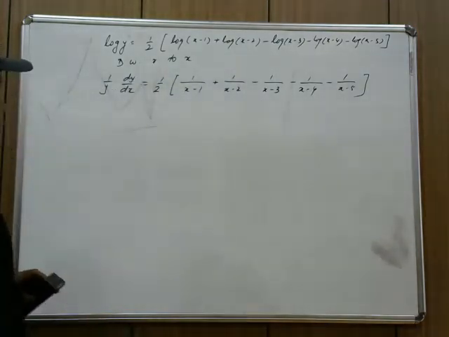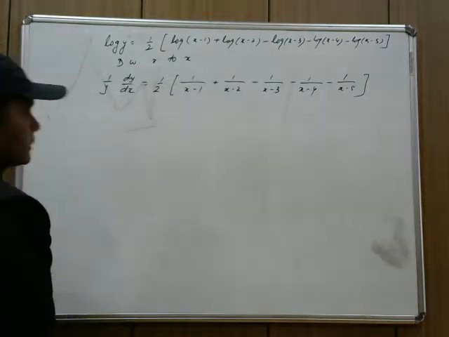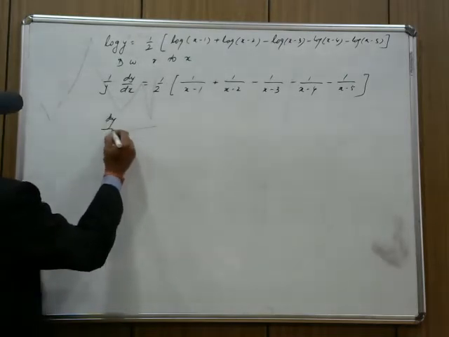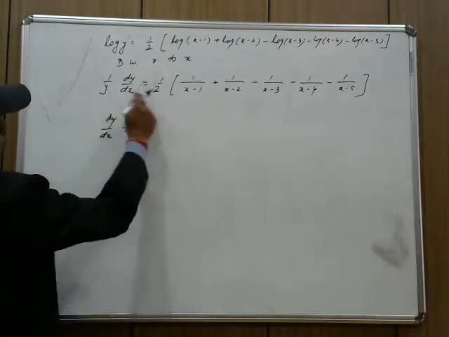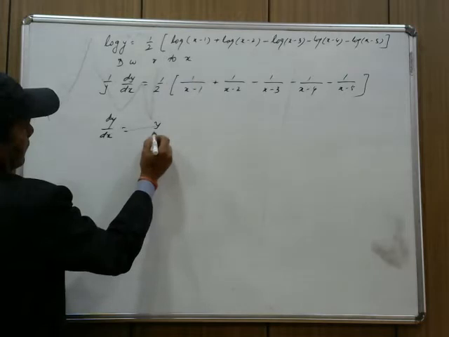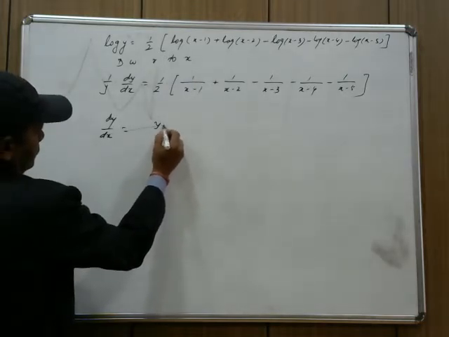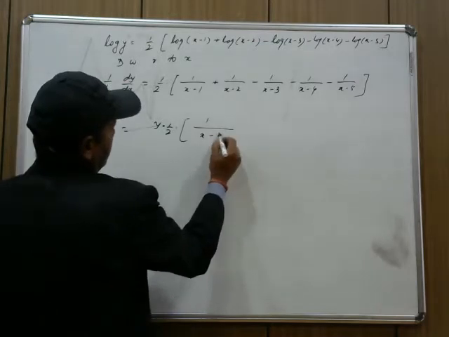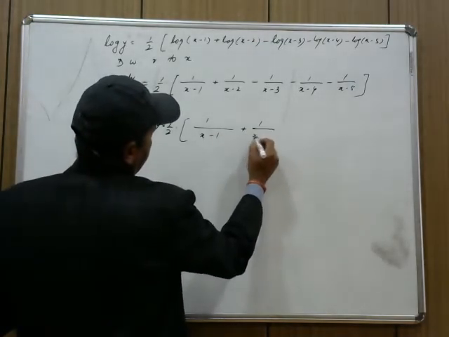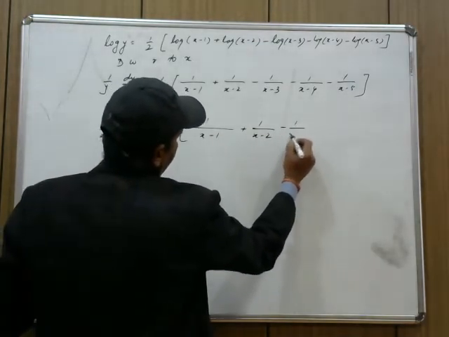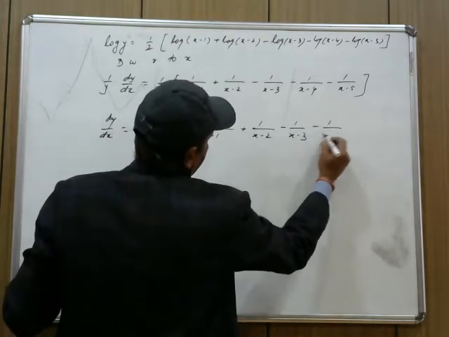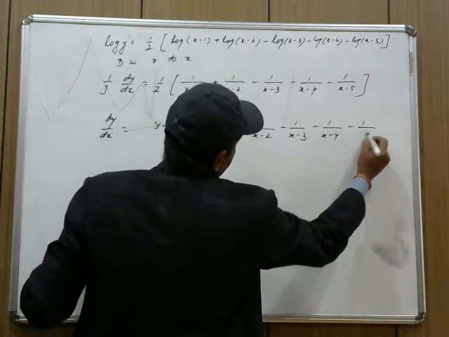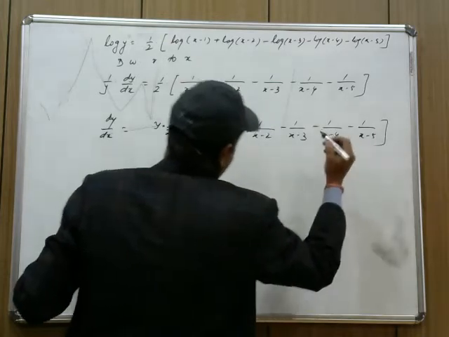Right? But I have to find dy by dx. That's why dy by dx is equal to y into 1 by 2 into that bracket.